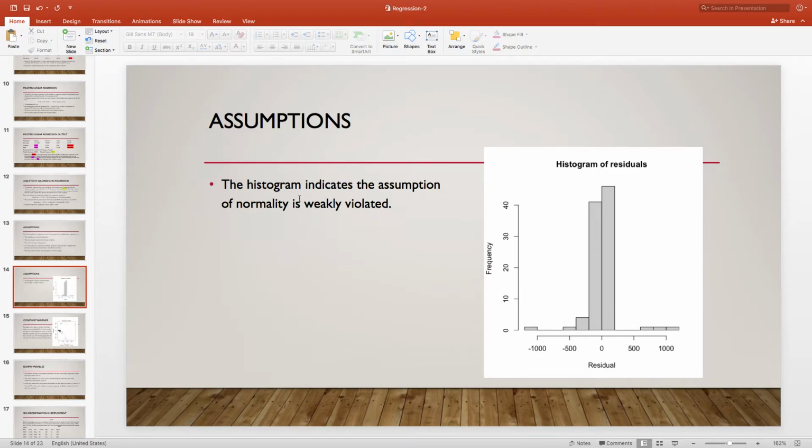I might say this histogram has a general bell shape. Instead of saying weakly violated, I think that I might say that the histogram indicates a general bell shape.